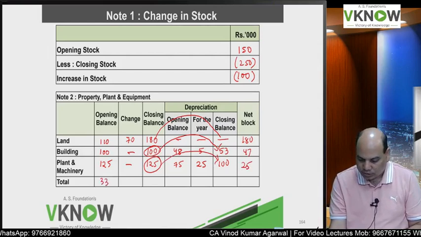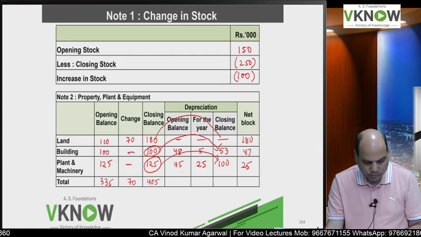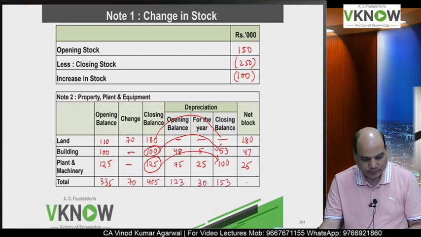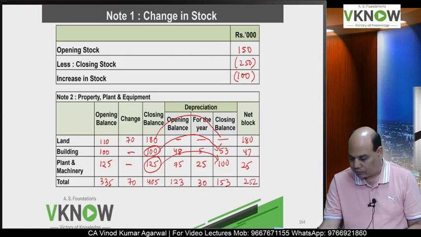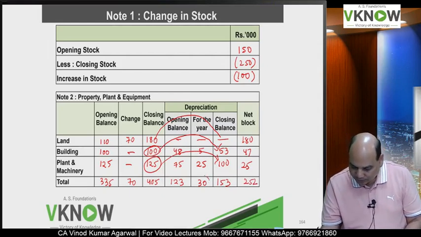So now we'll take total of all the columns. Start from here. 335, 70. This is how much? 405, 123, 30, 153, 252. Out of these numbers, depreciation for the year will go to P&L account.